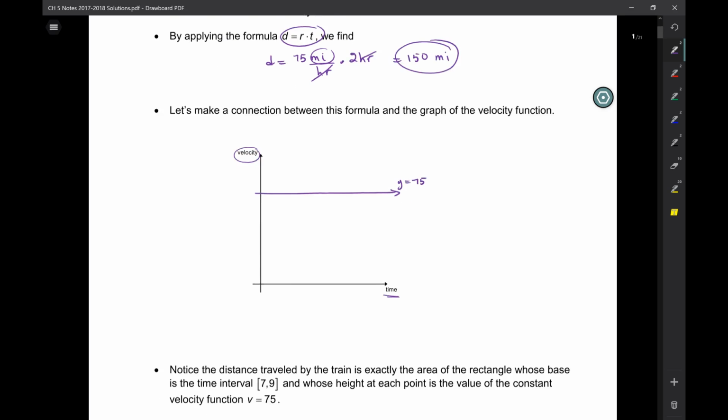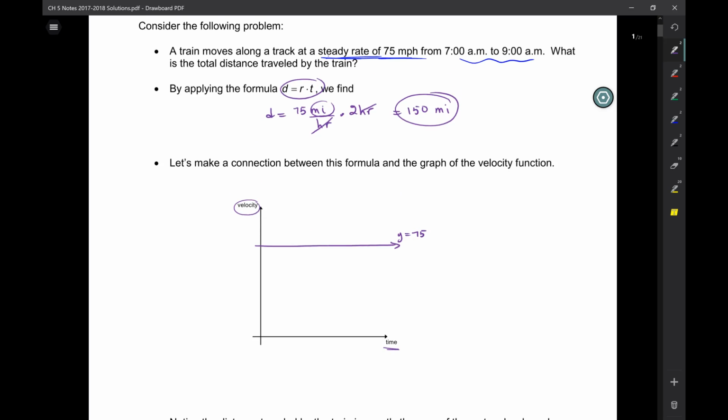Now, we're looking at this from 7 a.m. to 9 a.m. So this is the time interval.